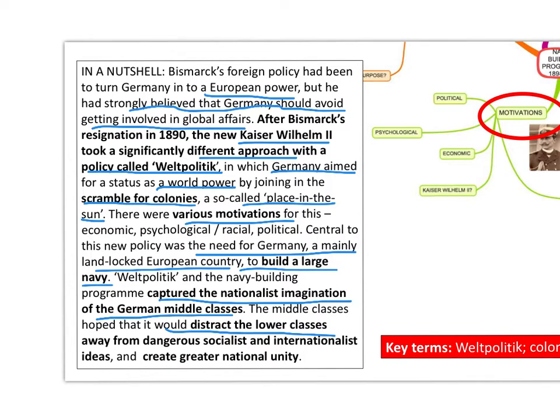And so effectively the lower classes will forget that they're unhappy, that bread prices are high and that they've got appalling living conditions, and they will forget that their enemies are the German factory owners, etc. Instead they'll get caught up in being really proud to be German because we're winning the race for colonies. So distract them away from dangerous socialist and international ideas and create much greater national unity.